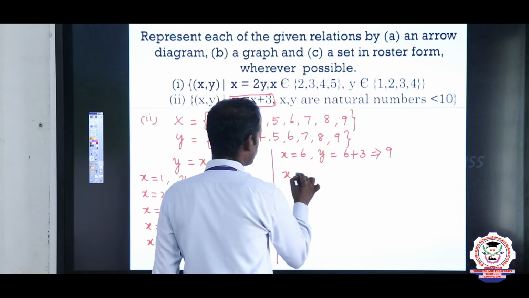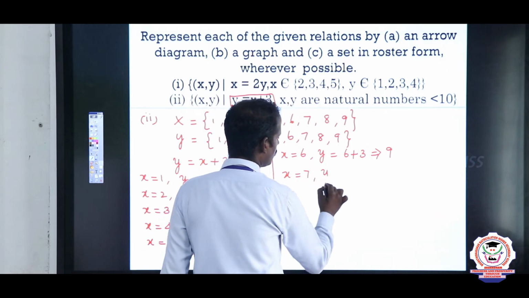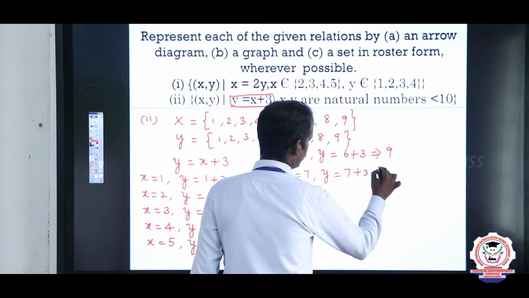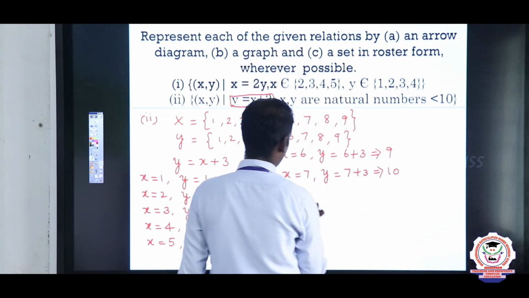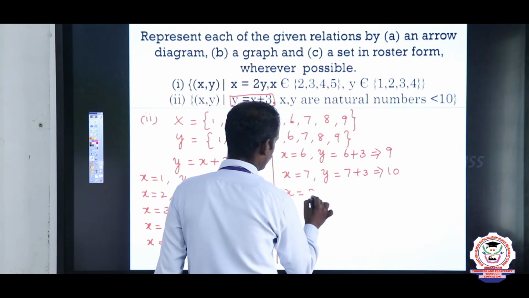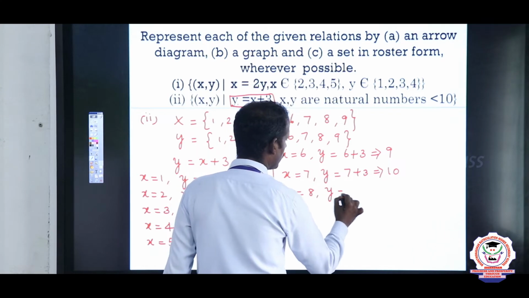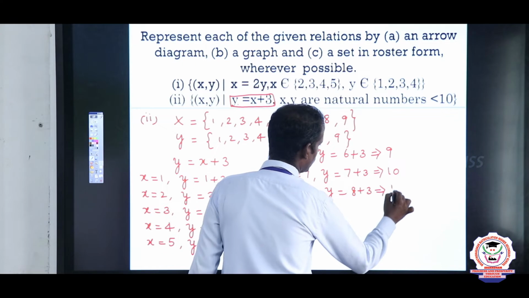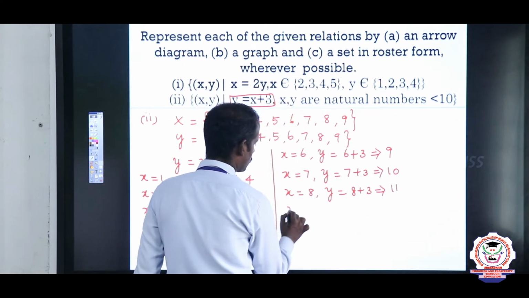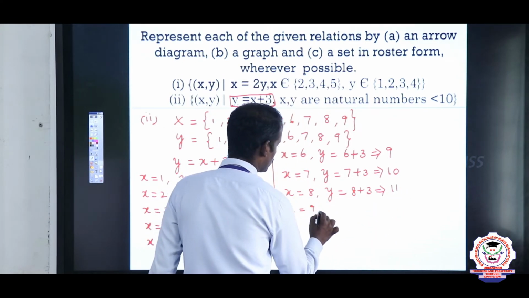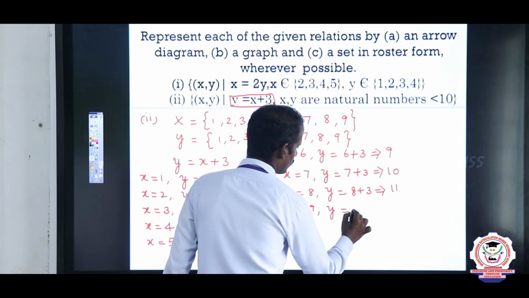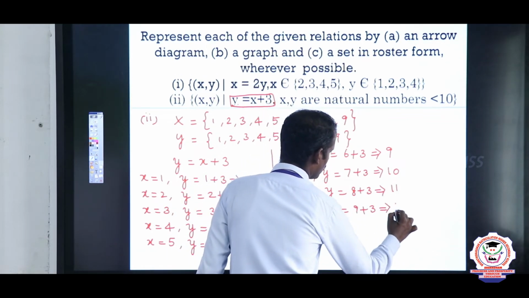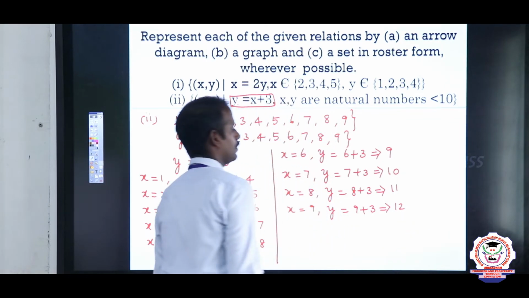Then x value 7, so the y value is 7 plus 3, which is 10. x value 8, the y value is 8 plus 3, so 8 plus 3 is 11. x value is 9, so y equals 9 plus 3. So 9 plus 3 is 12.